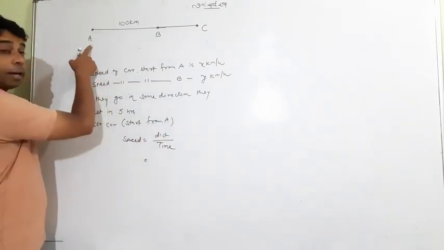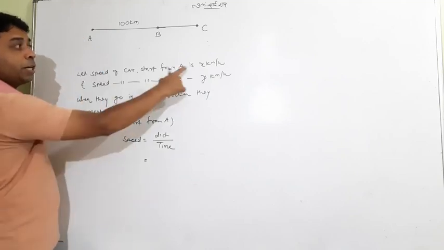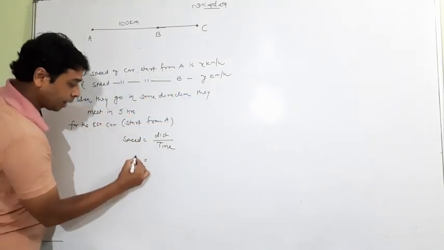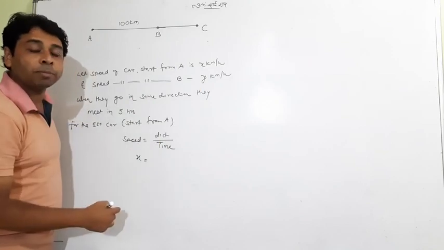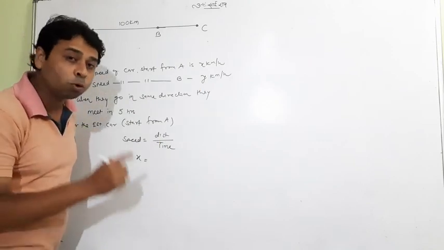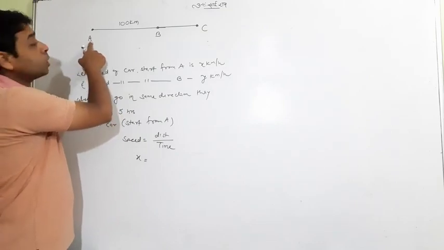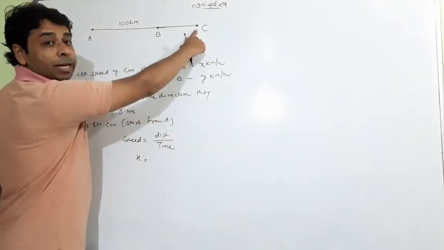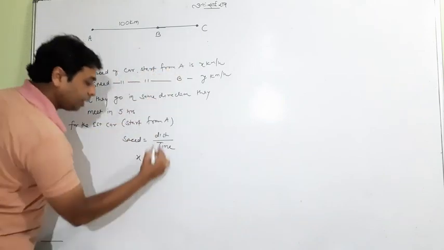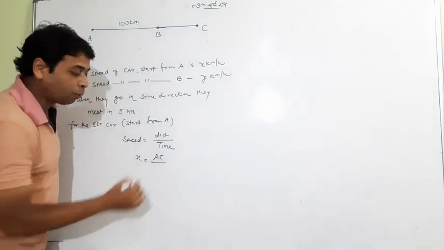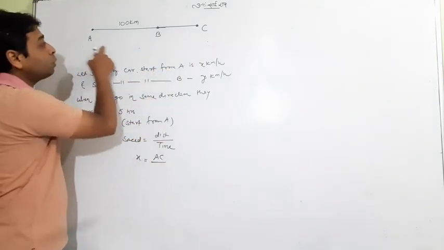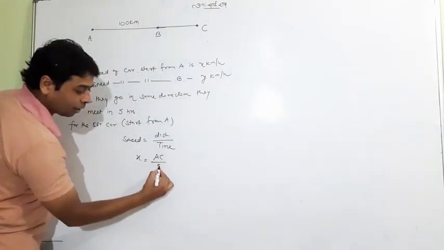For car A, the speed is x. What is the distance? Sometimes students say 5. Please don't do that. The distance is what car A travels from A to C, because at C they meet. So it is AC. And the time taken by car A to reach C is 5 hours.